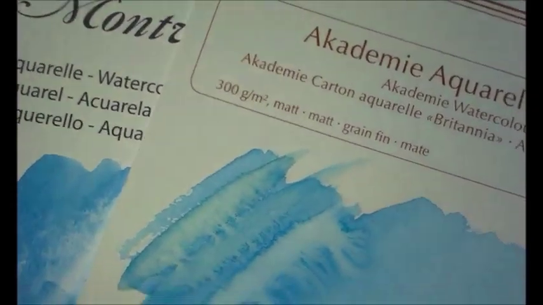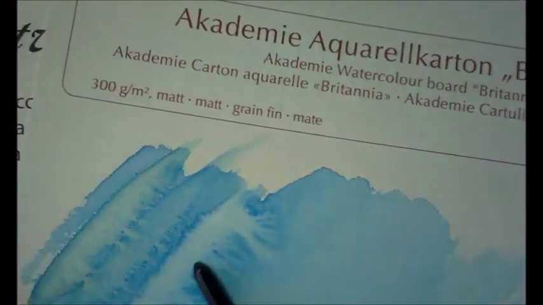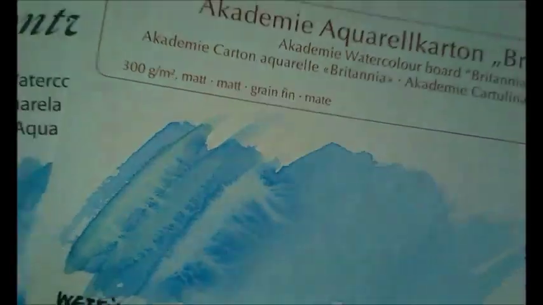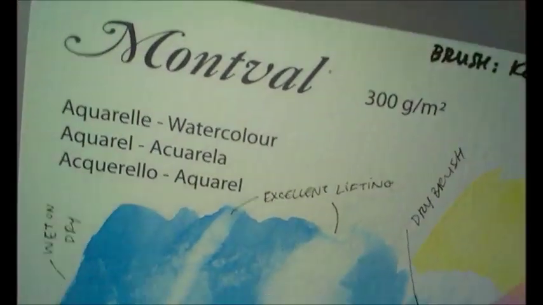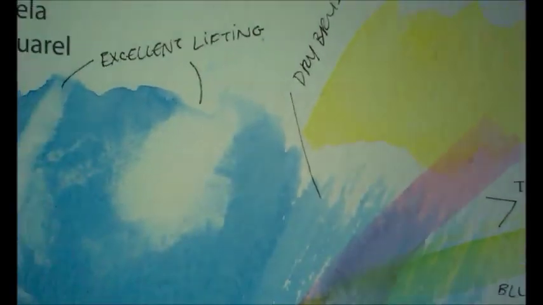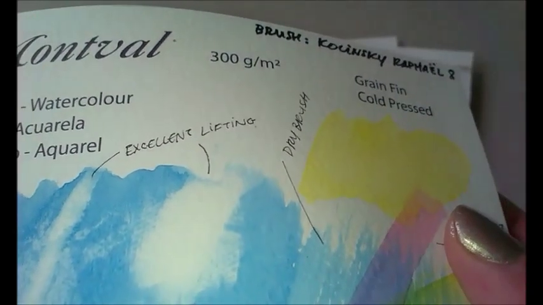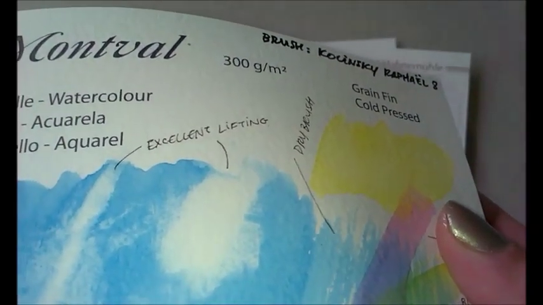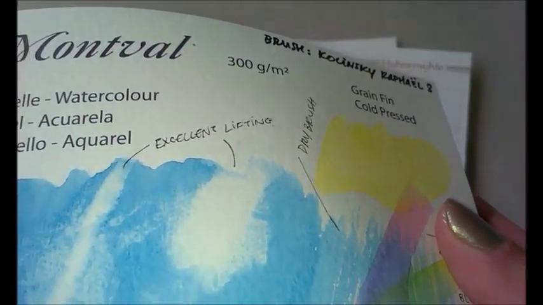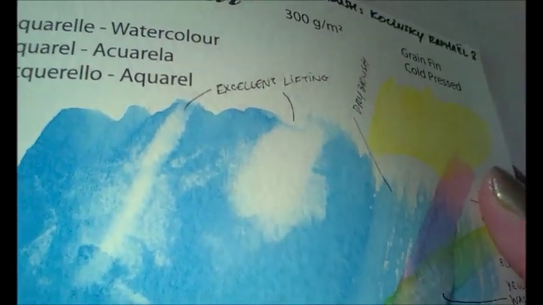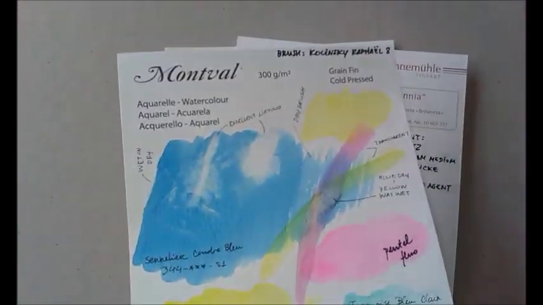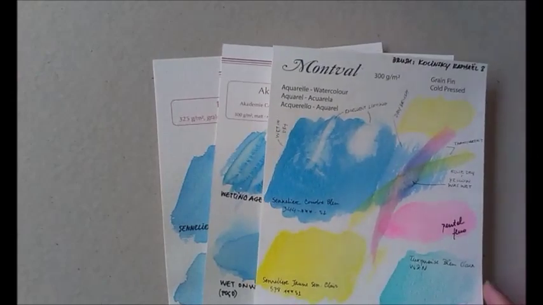This is a test that I did with a wetting agent, but this is the lifting test, and you still have a bit of color. But in this other paper, the Monval, after the lifting, you can see here it's clear, as if I had not drawn on the paper. It's clean, and so it means that there's a lot of sizing covering this paper.